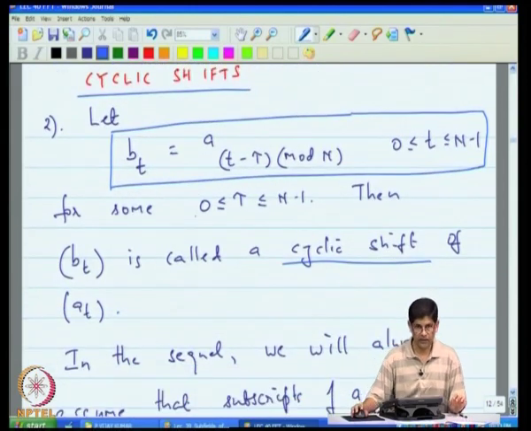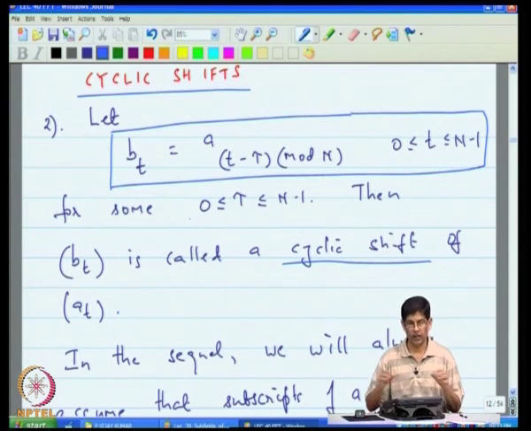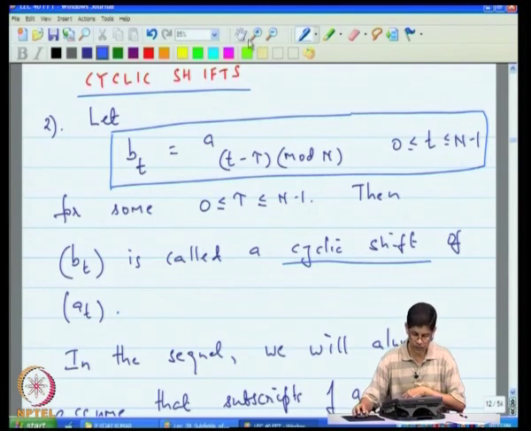Another property, and this property is important because after all our discussion is about cyclic codes. Now we want to understand how the finite field transform behaves under cyclic shifts, meaning that supposing you have a sequence A_t and you are aware of its transform, which is A hat of lambda, and now you construct a second sequence B_t, which is a cyclic shift of A_t by tau.